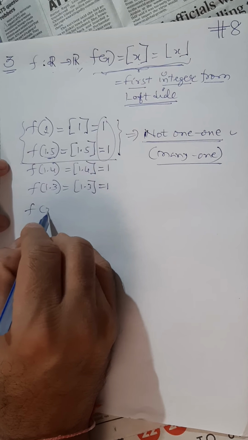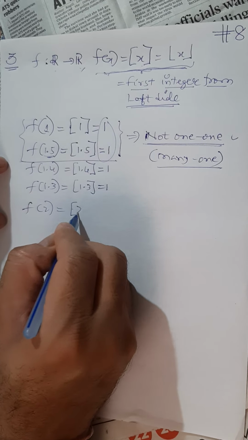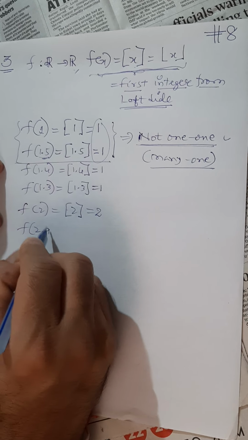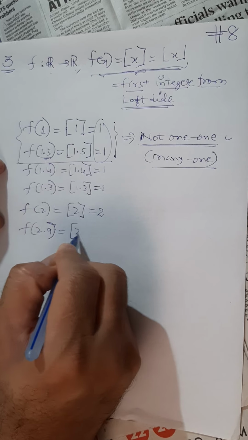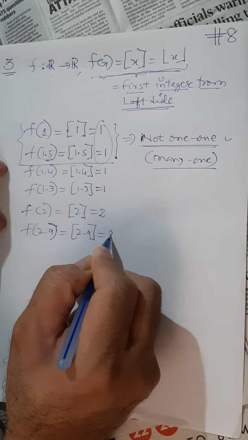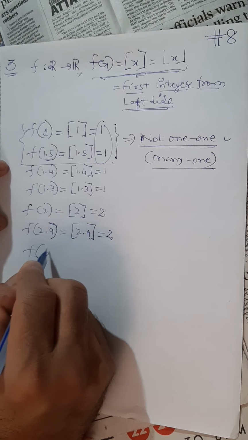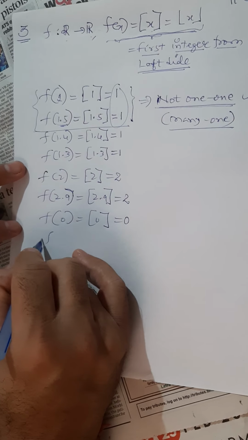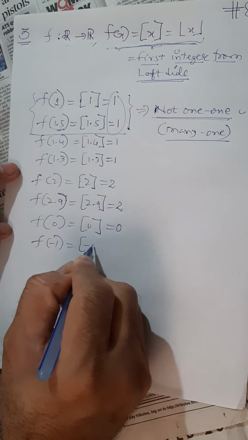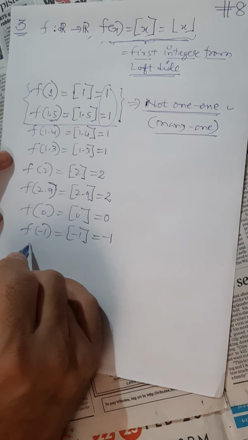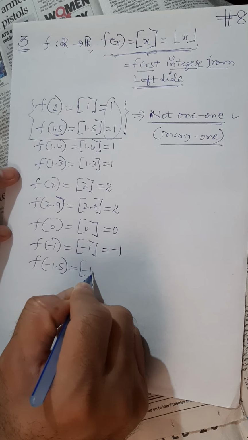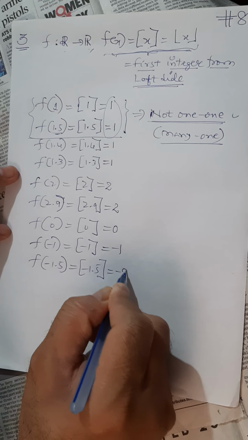If I go for 2, box of 2 is 2. If I go for 2.9, box of 2.9 is 2. If I go for 0, box of 0 is 0. If I go for -1, box of -1 is -1. If I go for -1.5, if you remember, box of -1.5 is -2.